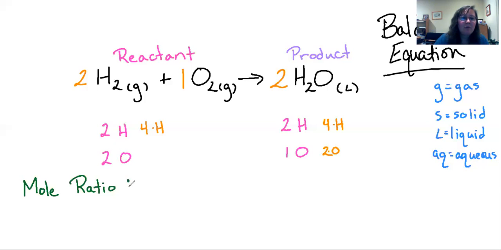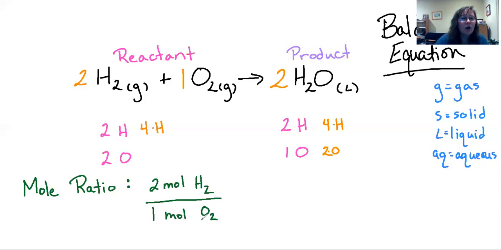So in the above problem, remember, this is going to look like a fraction, but it's going to be a ratio, which means it's not part out of whole, but part to part, or part compared to part. So for example, you can see here that you have 2 hydrogens to 1 oxygen. So a mole ratio for that might be 2 moles of hydrogen to 1 mole of oxygen.